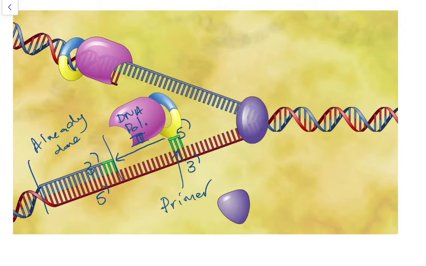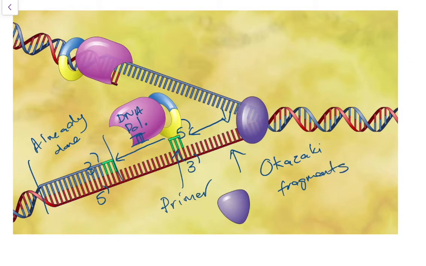And so once it does that little section, now ahead of it, you can see there's already a new section of DNA that's been unzipped. And now it's going to have to come and bind here and run along to the point where it reaches the double strand, and then it will fall off. So it's going to be done in these little sections, and those sections are Okazaki fragments.